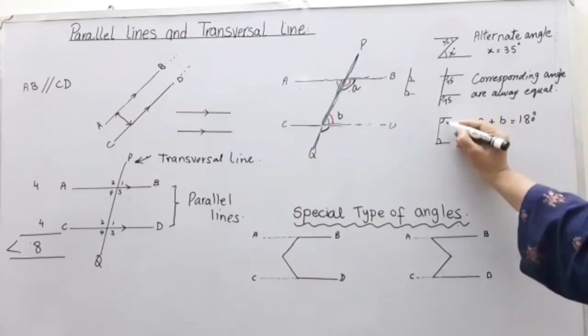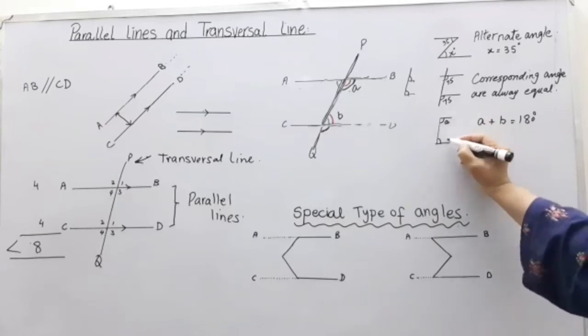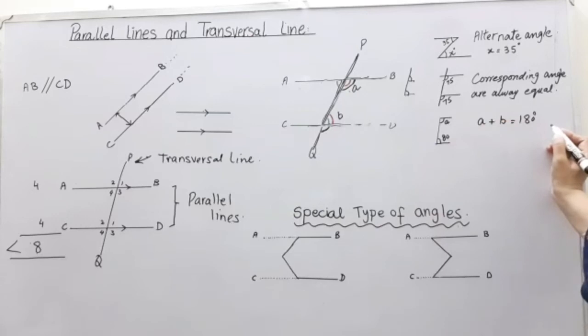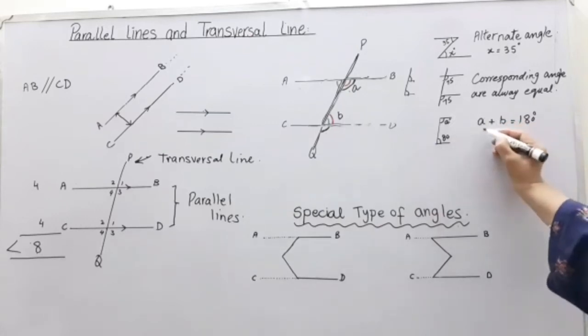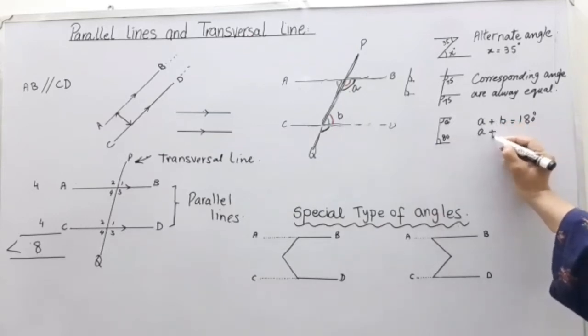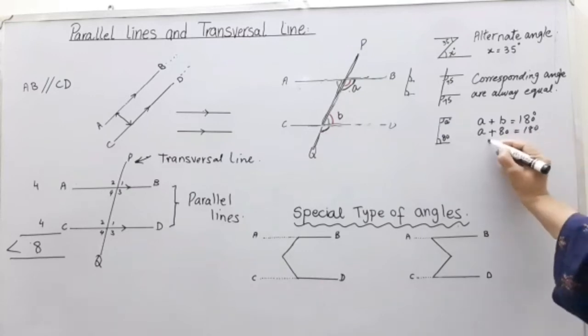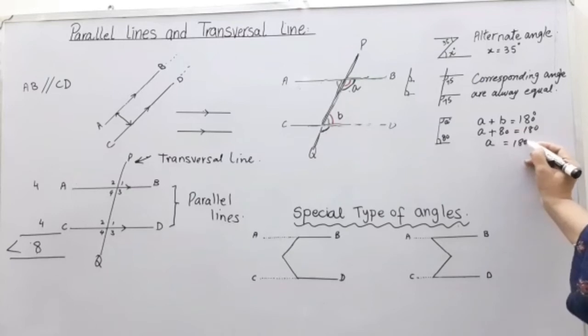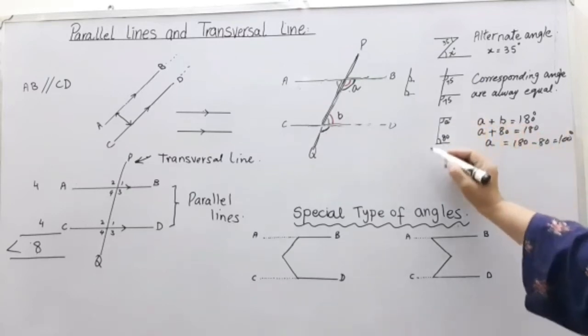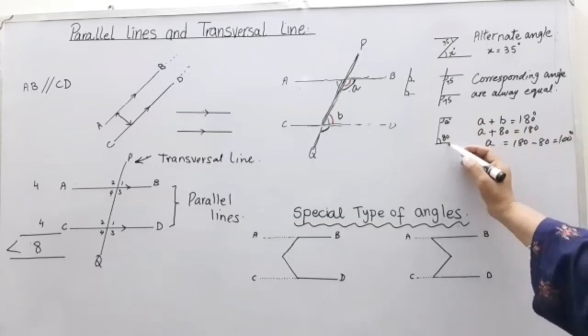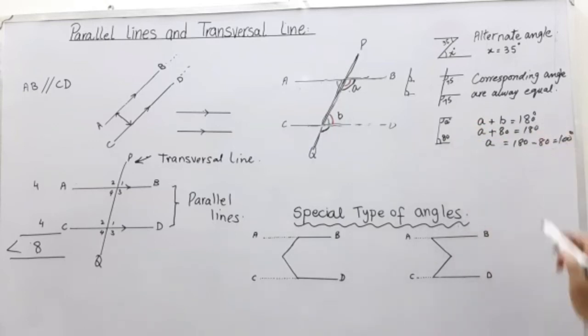In this way, if one is A and the second is 80, we know the value of A. A is equal to 180 minus 80, 100. So the sum of interior angles is always 180, and in this way we find the unknown.